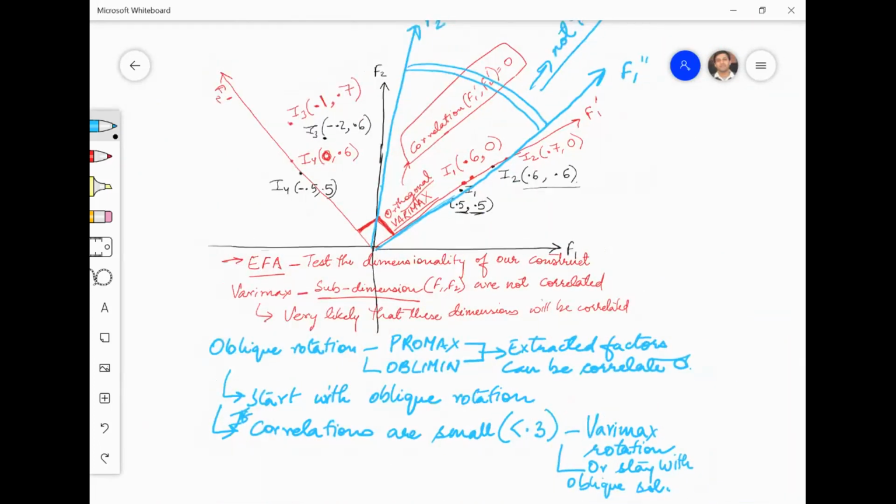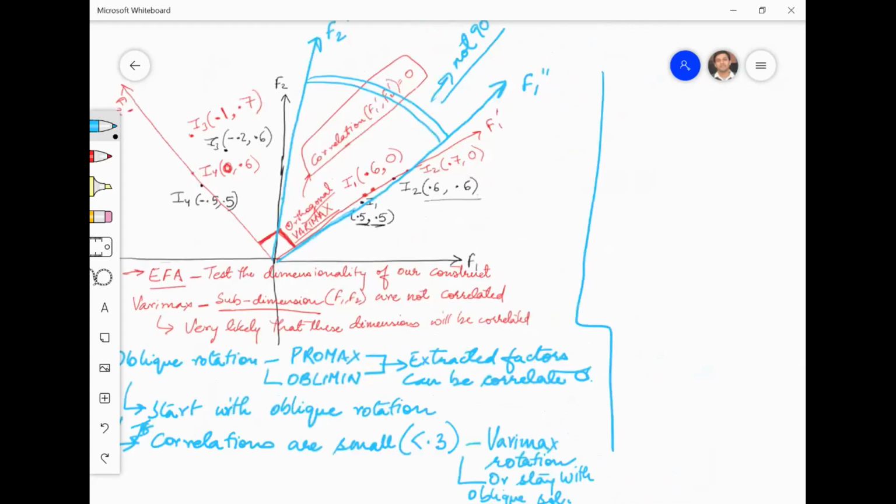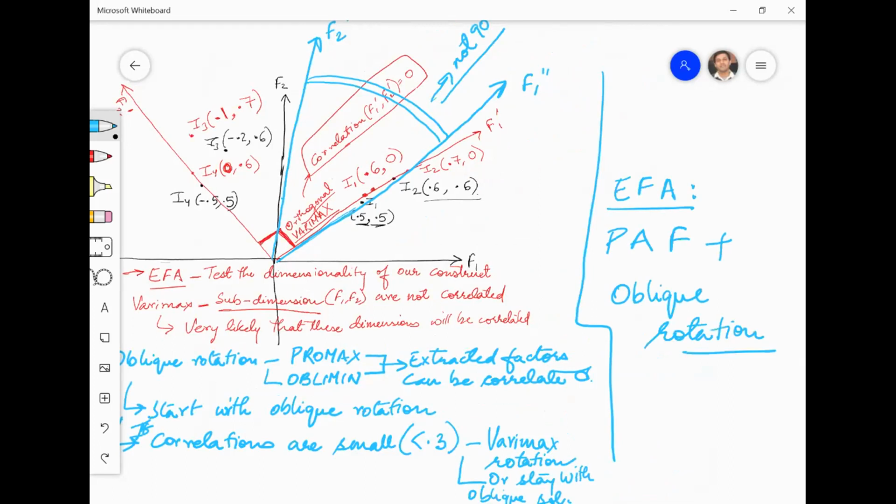So what we are recommending here when we do exploratory factor analysis is principal axis factoring with oblique rotation. We will not do principal component analysis with varimax rotation.